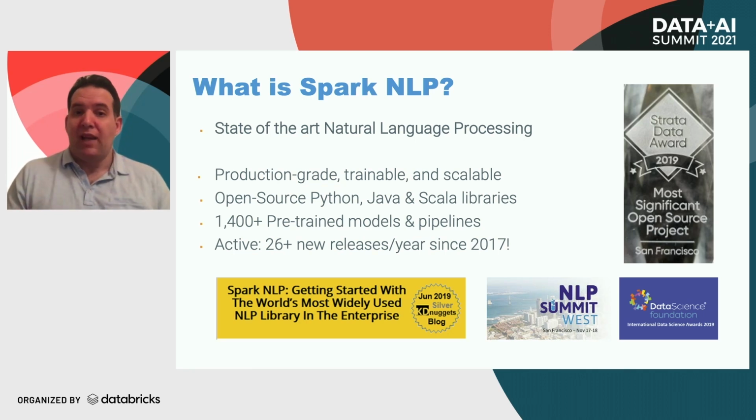The library has full APIs for Python, which is the most widely used, as well as Scala and Java, which are heavily used as well. It also comes with an ecosystem of pre-trained models and pipelines, and we'll show you where it is online. Right now, there are over 1,400 of them, with more being added every week.